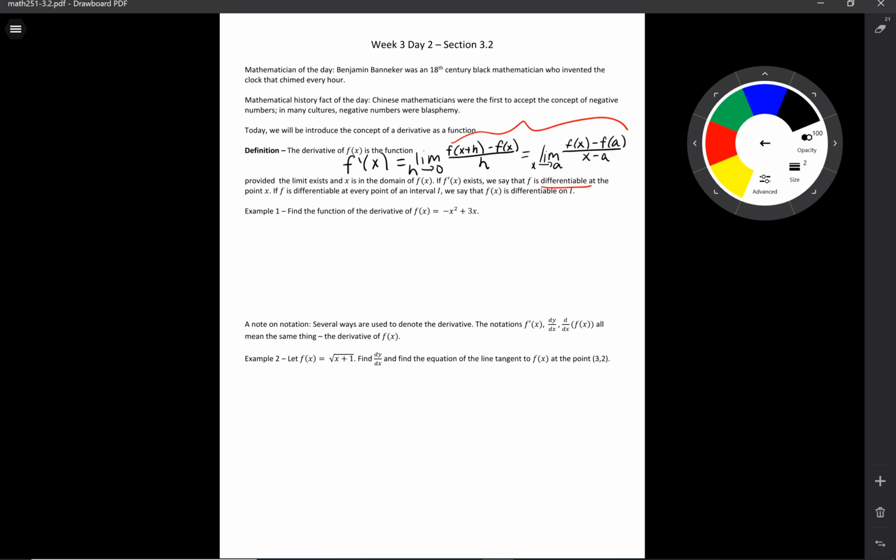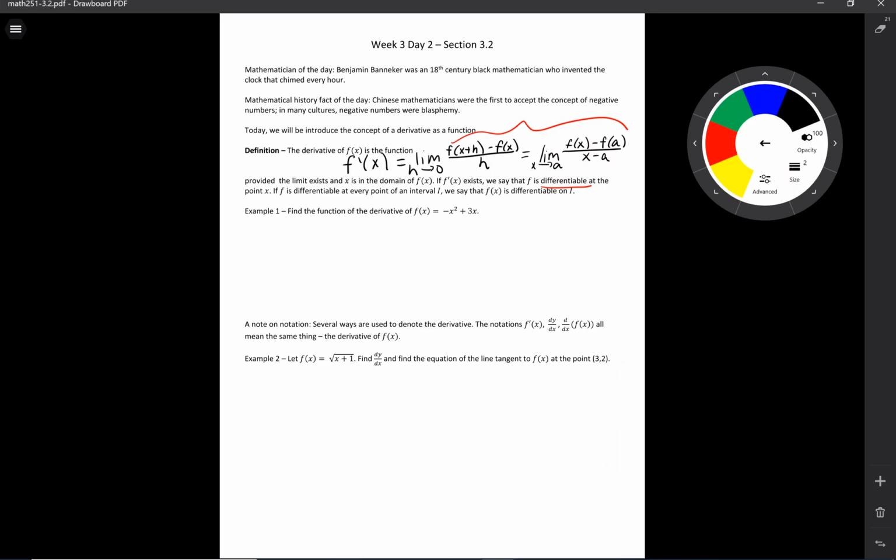And that's fine, and you can use those rules to check your work, but if a problem asks you to use the definition of the derivative, even if you know how to very easily find the derivative of the function, you do have to use the definition if it asks you to use it. So just a note on that. So let's use this definition to find the function of this derivative.